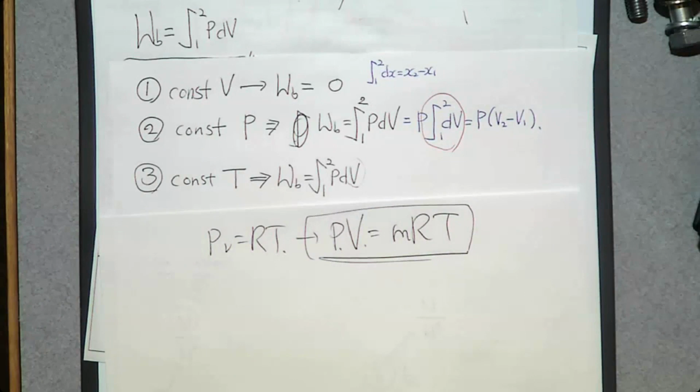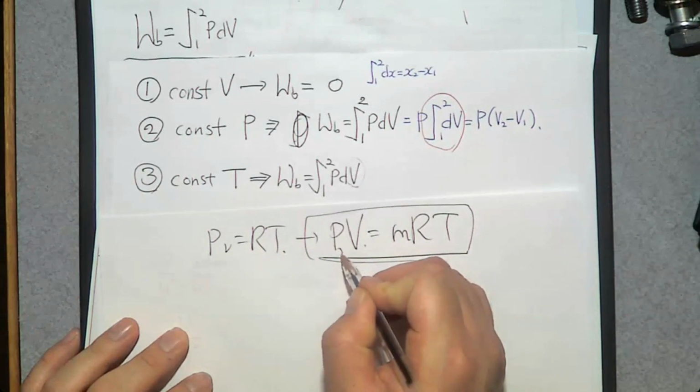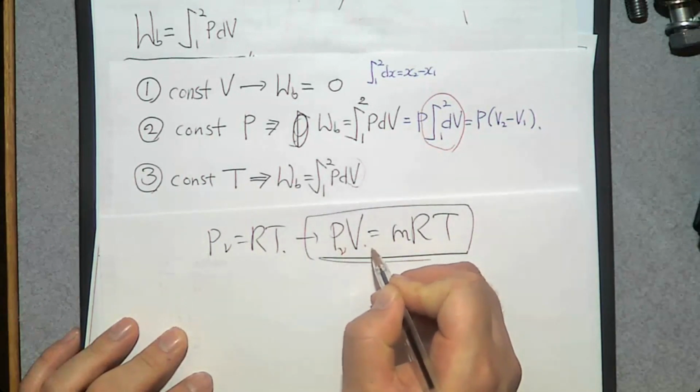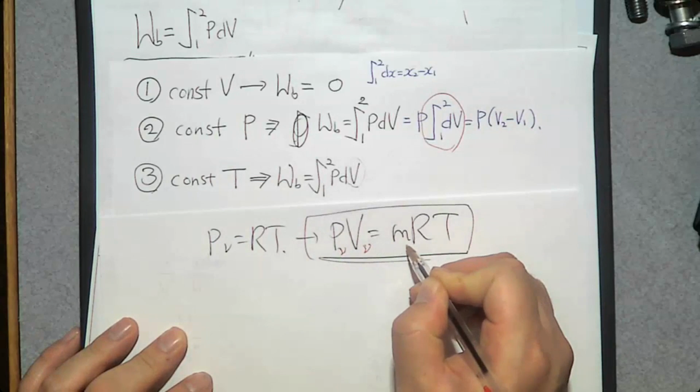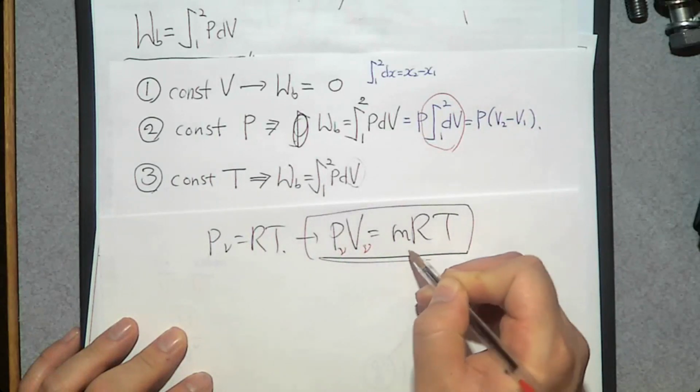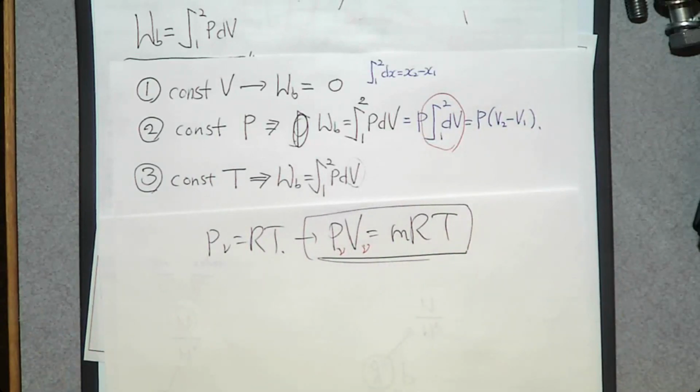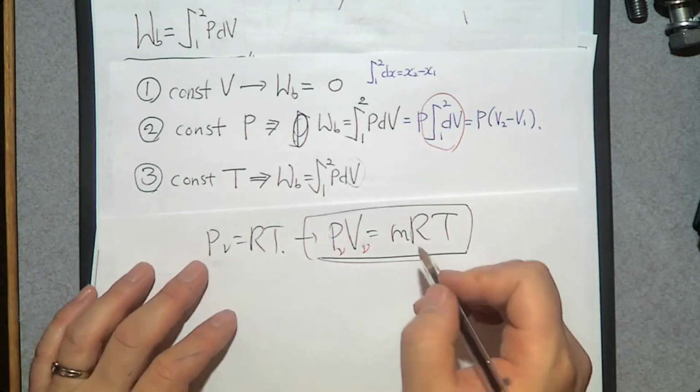What about this volume, variable or constant? Variable. What about this mass? It's a closed system. So what is the definition of a closed system? Completely closed? No, that's not the definition. The definition of a closed system is that mass is constant. When there's no mass change, it's a closed system.